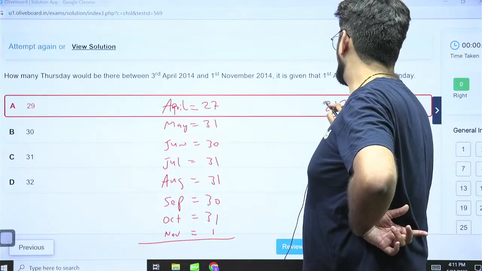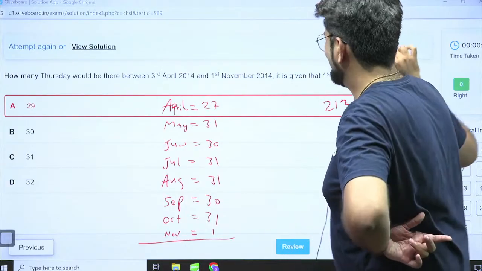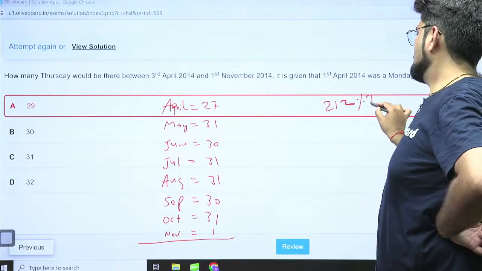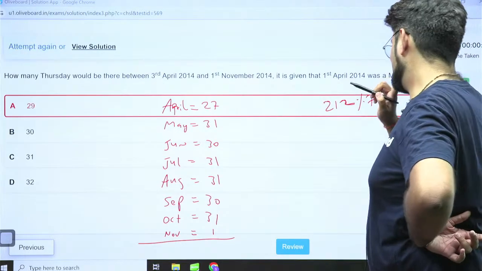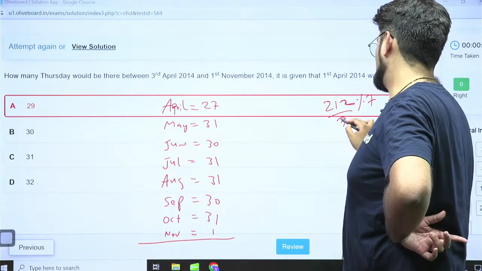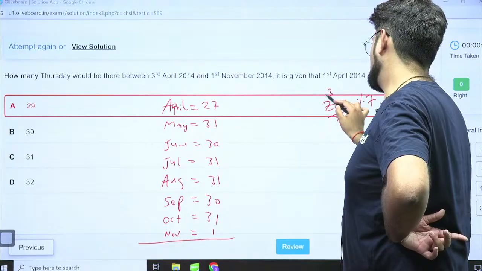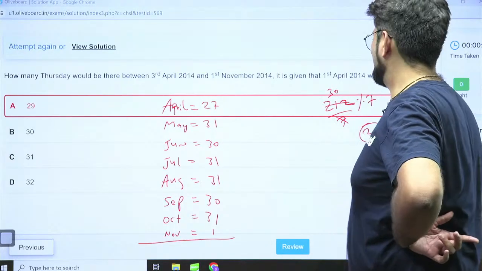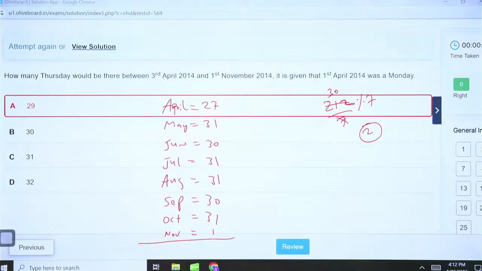Now 212, if I take the remainder with 7, or the quotient rather, there are 2 days remaining. 210 will be my answer, correct?